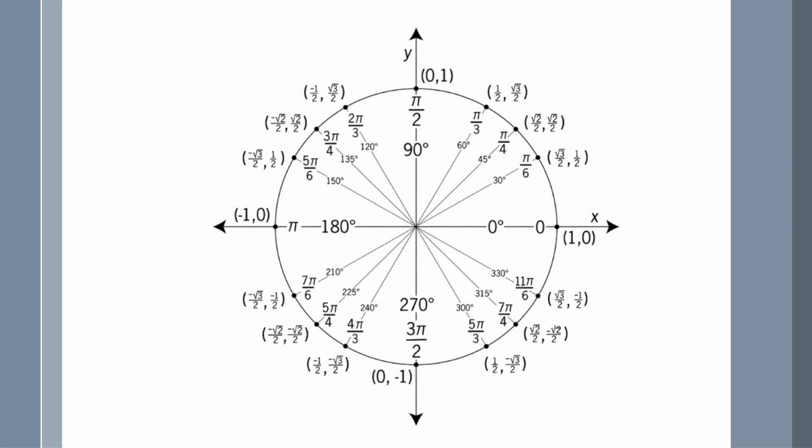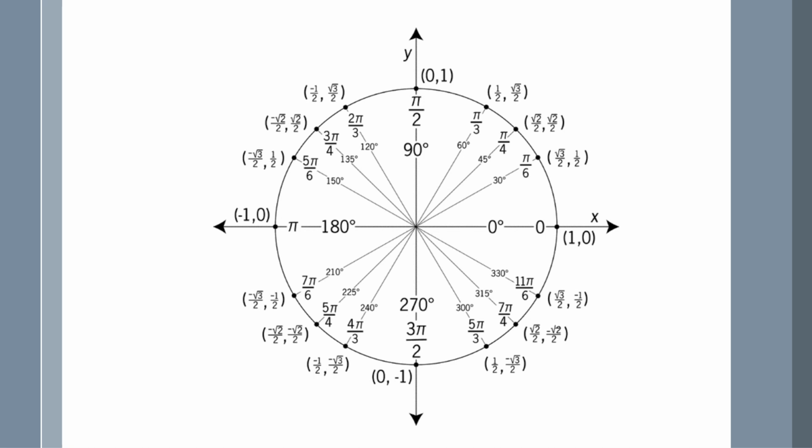With this unit circle, we start out with 0, 90, 180, 270, finding the trig ratios for those degrees. Then we talked about converting these degrees into radians, where 180 has a radian measure of pi, and 90 degrees is pi over 2.